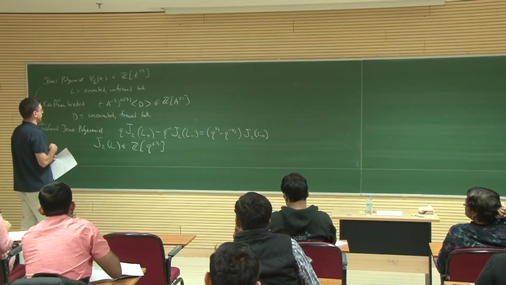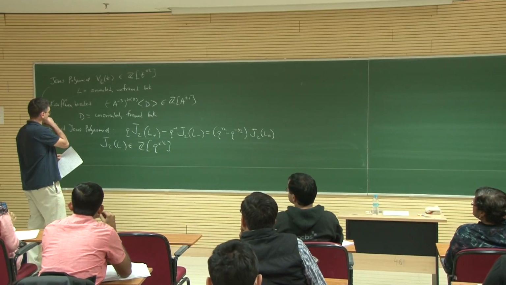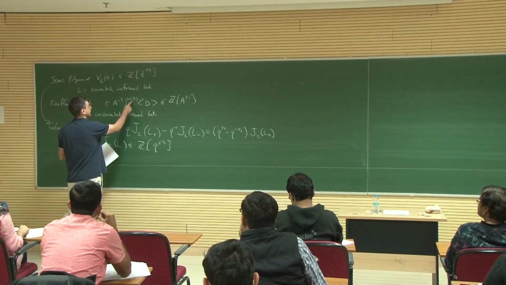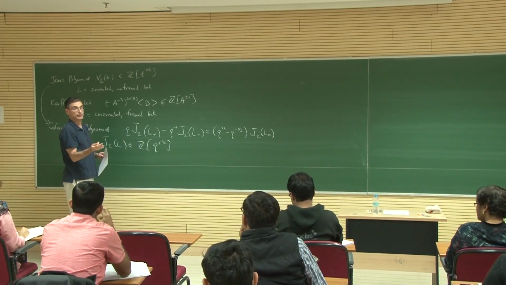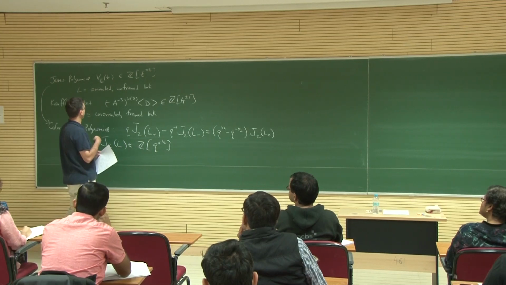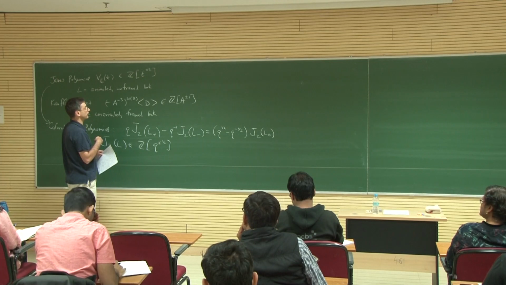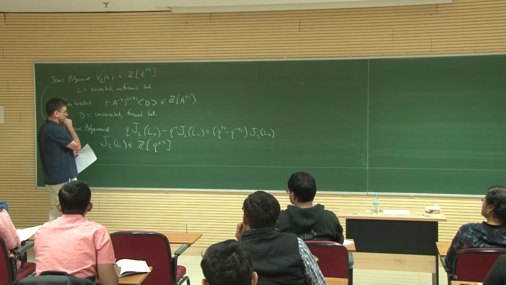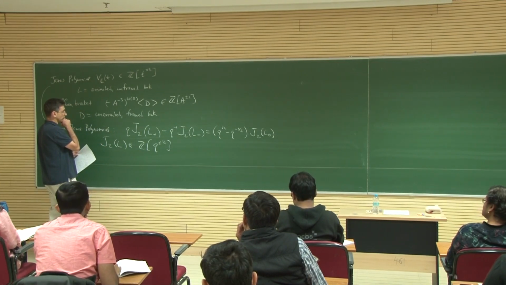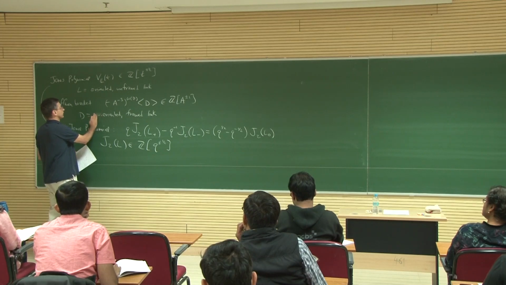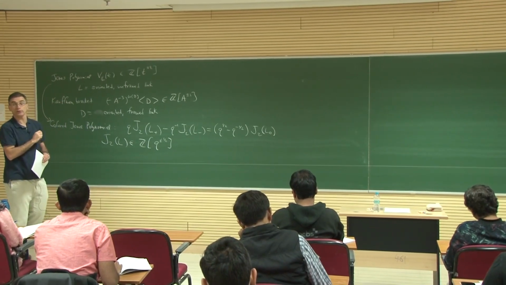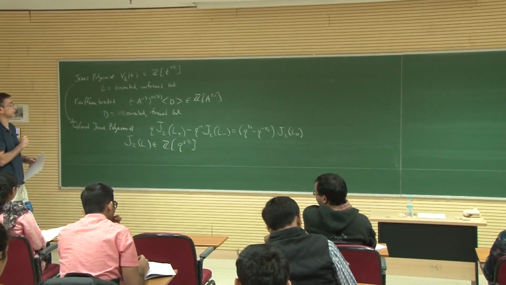So for that you need the orientation. Oh, yes, you're right. So this is unoriented in the case of a knot. It doesn't matter. For a link, you do need an orientation. Yes, you're right about that. My apologies. For a knot, you don't. For a link, you do.